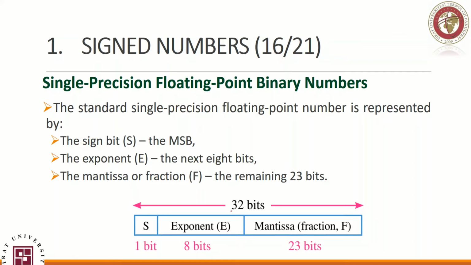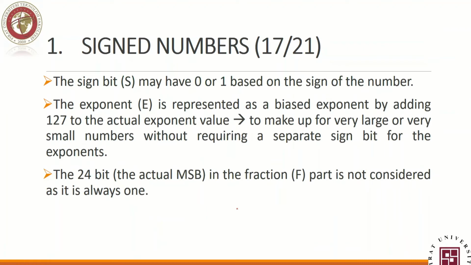That's single precision. How do we represent it? Now I said, for the sign it is 0 or 1, it depends on the sign. For the exponent it is biased, so we add 127 to it. Now do not ask me why 127, it has a reason, you can look it up. But the standard says 127 for a reason.